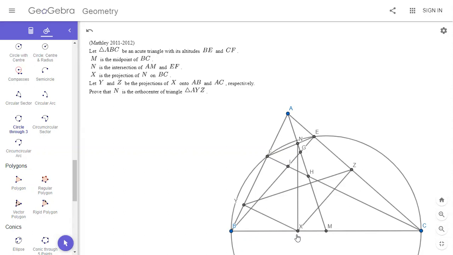Okay, let me try. So we want to show FN over NE is CX over XB. I'm trying to use projective. Because F, N, and E project to B, M, and C.